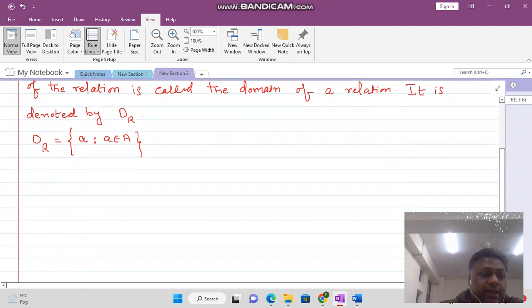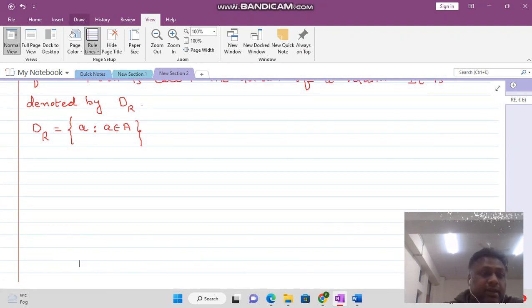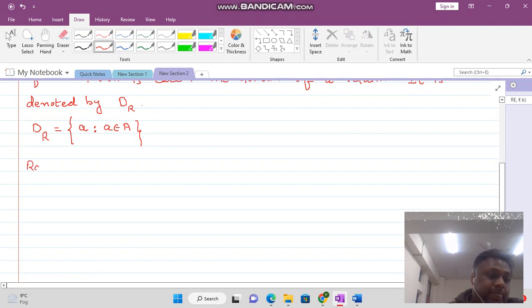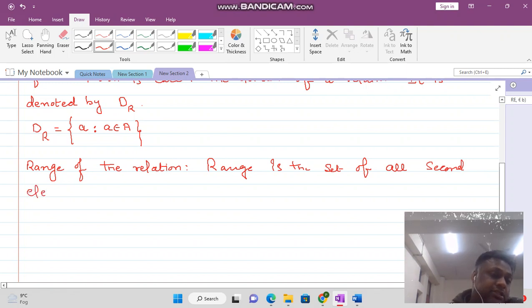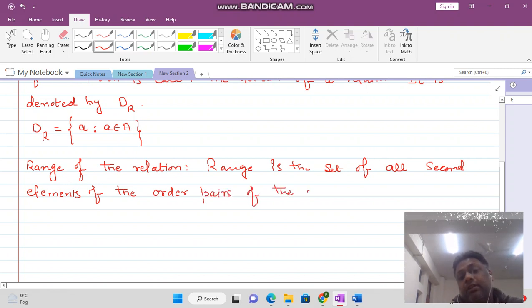Similarly, if we define the range of the relation, the range is the set of all second elements of the ordered pairs of the relation.